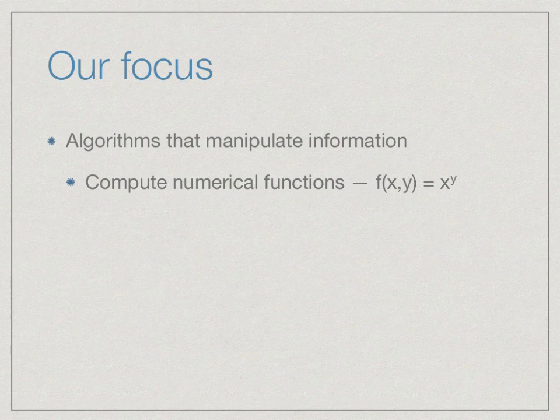We have seen any number of such functions in school, for example, to compute the square root of x. What we do in school is we have a complicated way to compute the square root of x, or we might have x divided by y, where we do this long division and so on. So these are all algorithms which compute values given one or more numbers. They compute the output of this function.